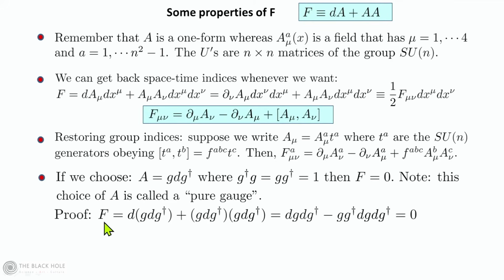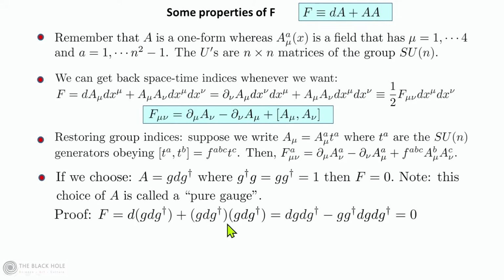It's easy to prove. So let's take our definition of the two-form field strength tensor F. This is dA plus AA. Let's fit that in. So d acting on G, so acting on G dG dagger, and then this thing squared. Okay, so what happens over here? d acts on G, but then when d goes beyond G, you get d squared, so that's 0. So you just get dG dG dagger.